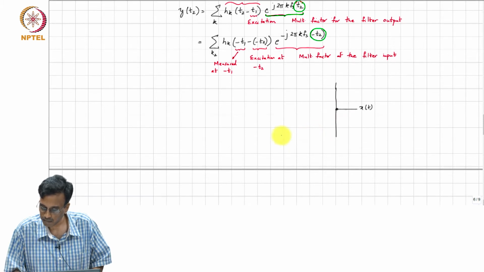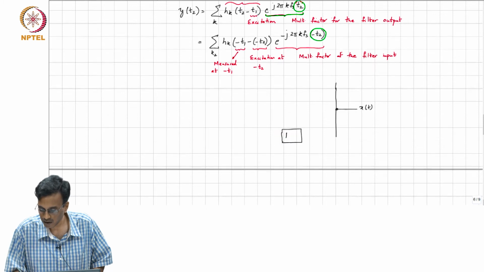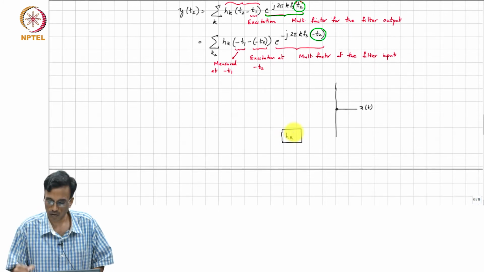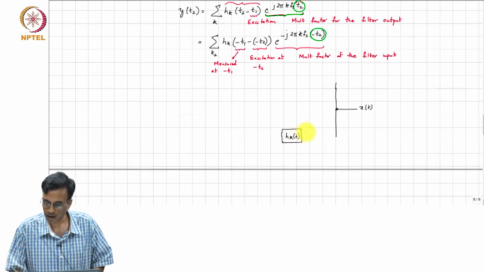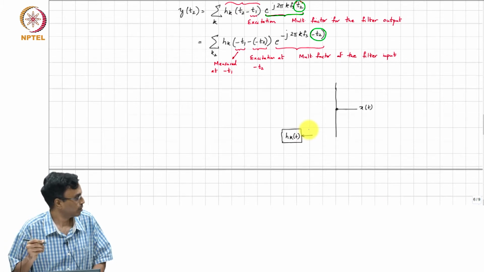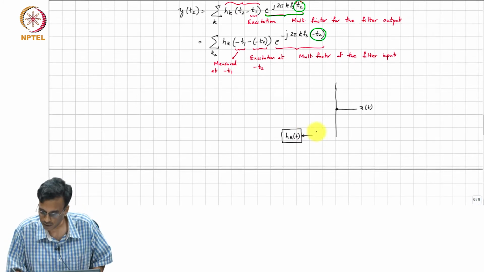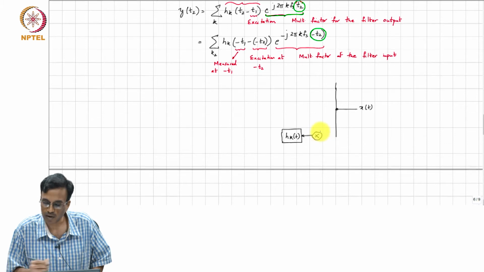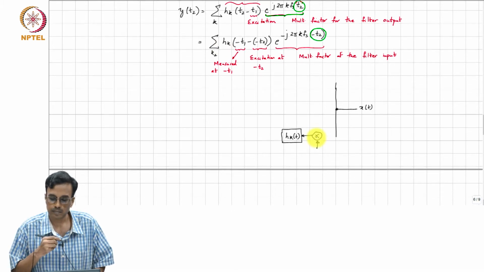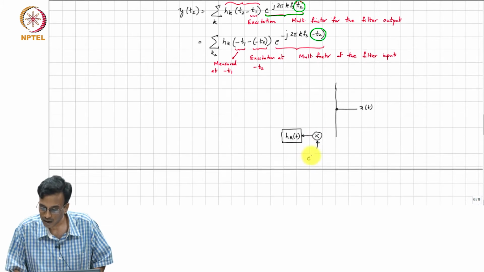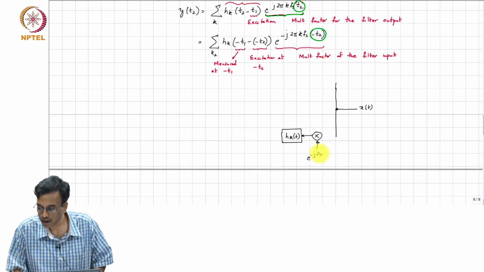The kth arm has a filter h sub k of t, the impulse response, correct. And what is happening to the multiplication, at the output of the filter or the input of the filter? At the input of the filter. And what are we multiplying the kth arm by? e to the minus j 2 pi k fs times t.